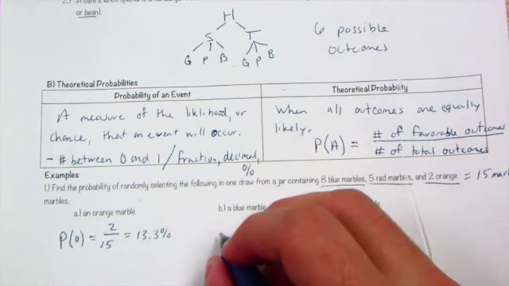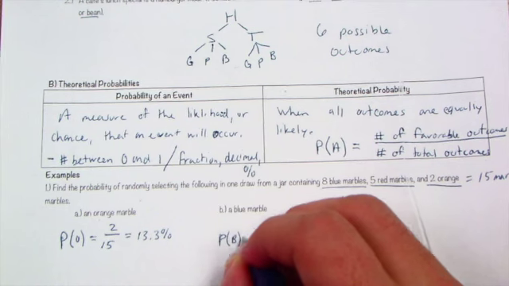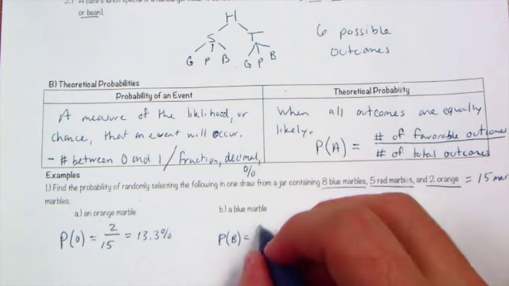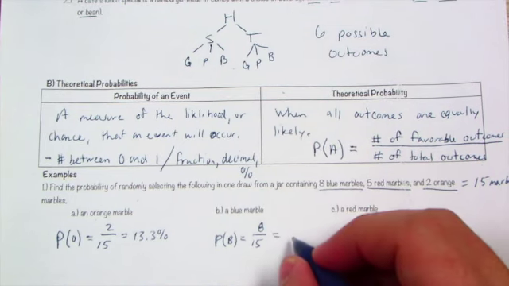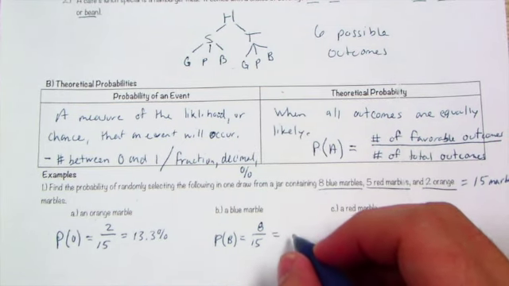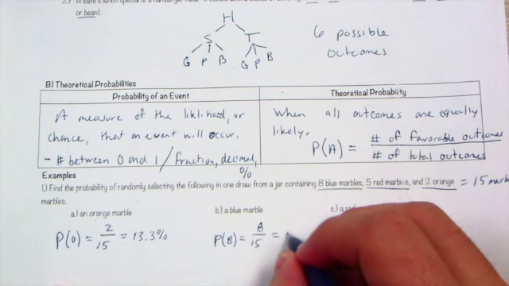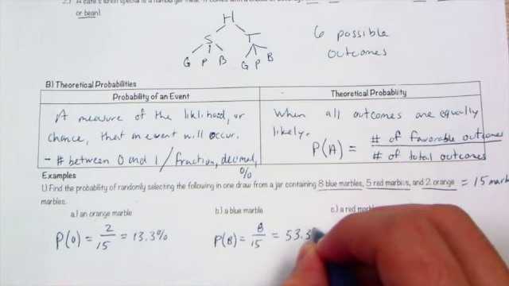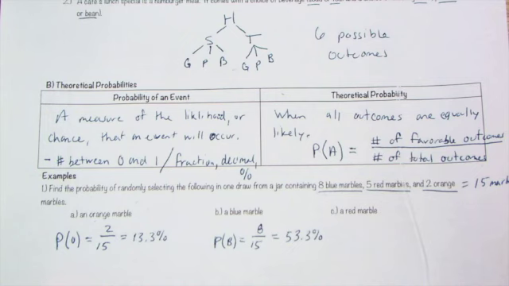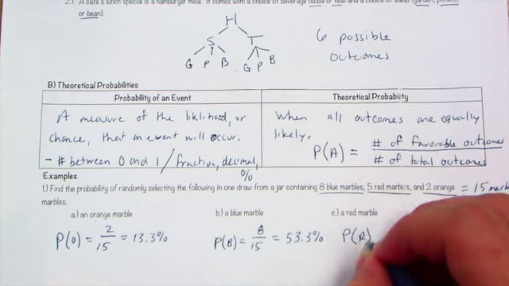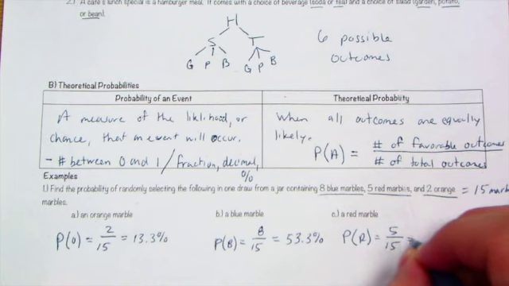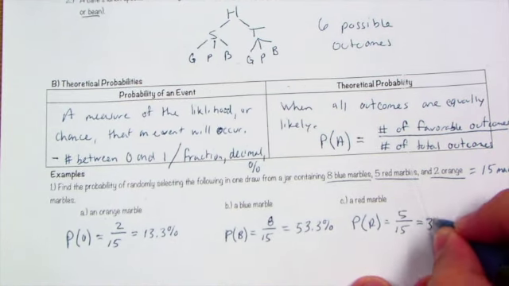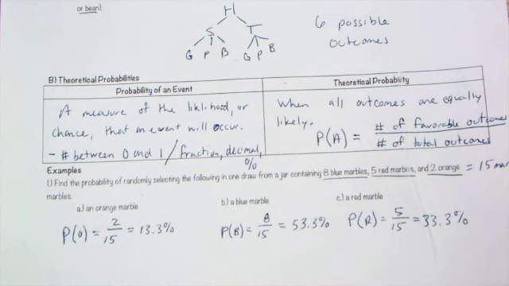The probability of choosing a blue marble, since there are 8 blue marbles, would be 8 out of 15, which as a percent is 0.5333 or 53.3%. For red, since there are 5, it's 5 out of 15. That's 1/3, so 33.3%. So that's theoretical probability.